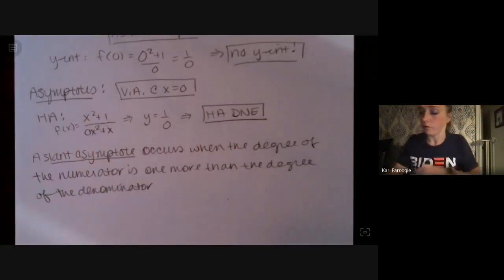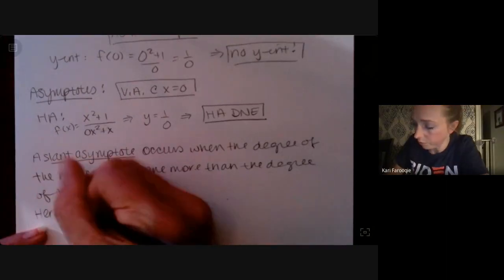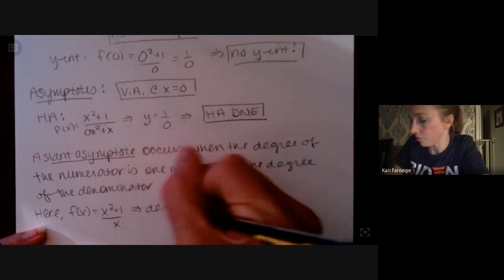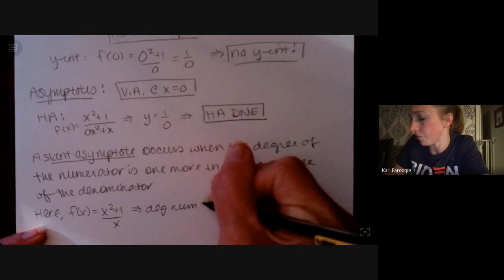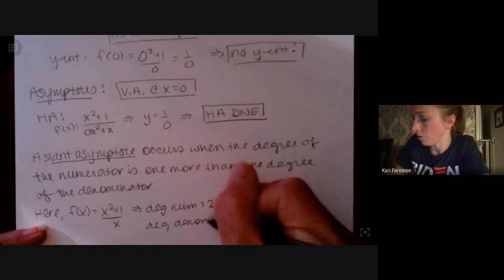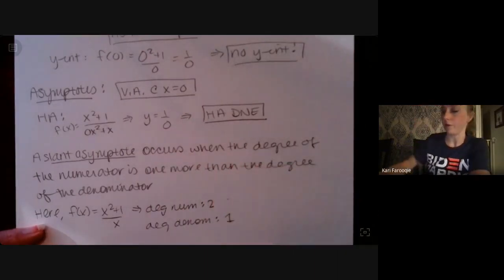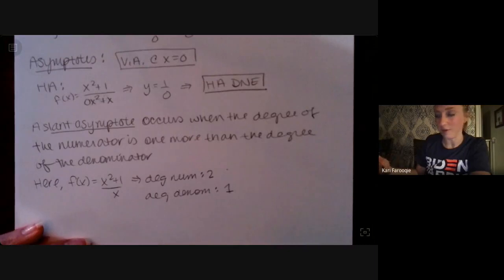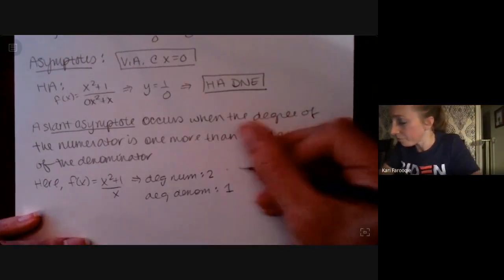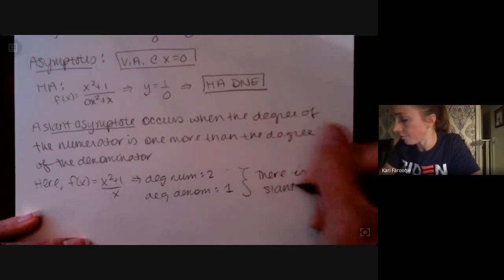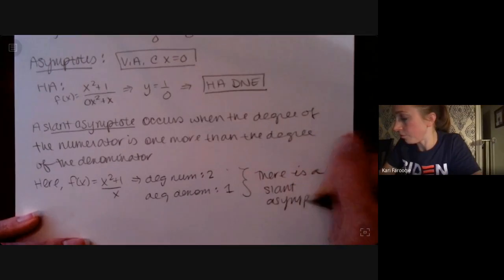So I'll even note that here, where we have f of x is x squared plus 1 over x. The degree of the numerator is 2, and the degree of the denominator is 1. So x squared, x to the first. So the degree of the numerator in this case is 1 more than the degree of the denominator, hence there is a slant asymptote.